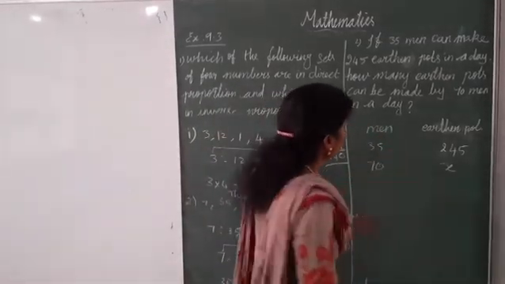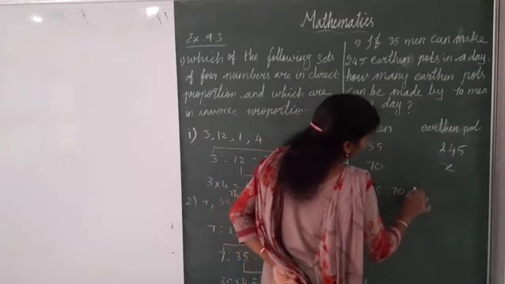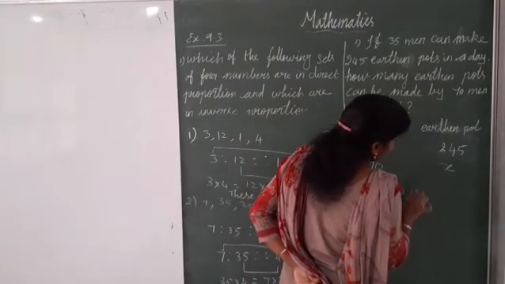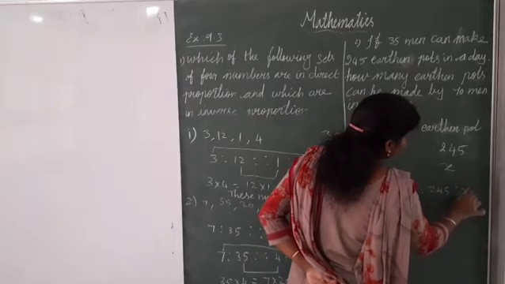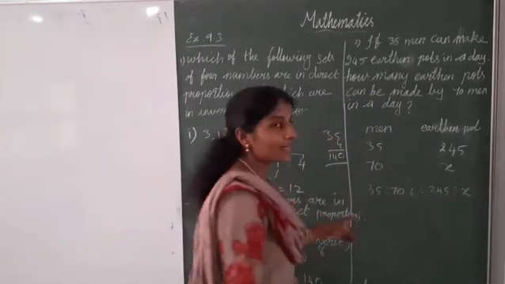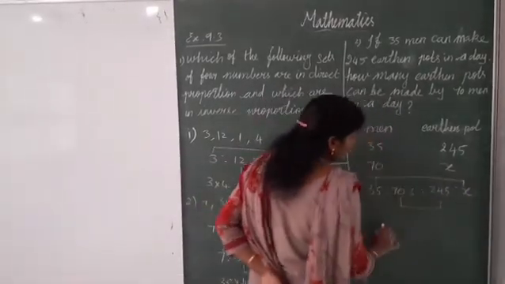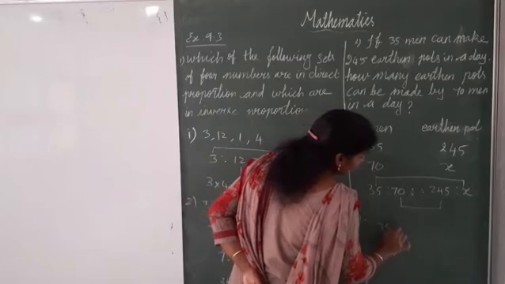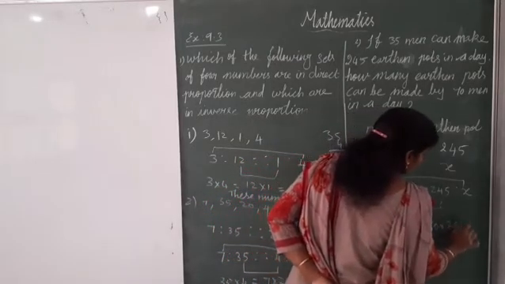Now listen here, we can multiply extremes and means. 35 into x, 35x equal to 70 into 245.